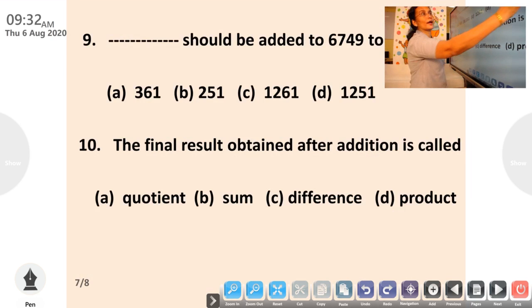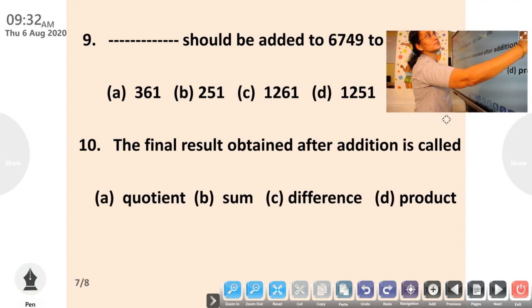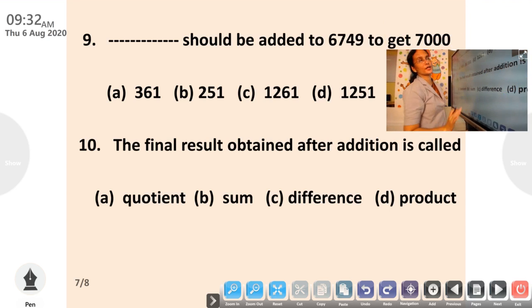The next one, dash should be added to 6,749 to get 7,000. So what you have to do? 7,000 is the sum. Then one number is 6,749.